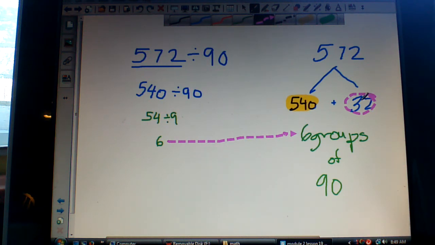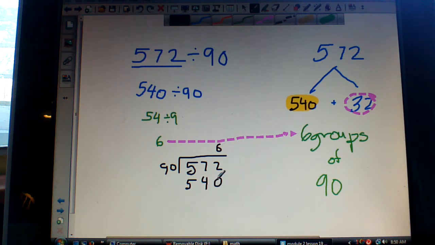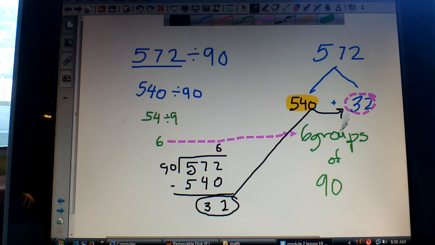So we have 572 divided by 90. We already decided 6 is what we're going to go with. So 90 times 6 is 540. We subtract that. 2, 3. This number is the same as this number.